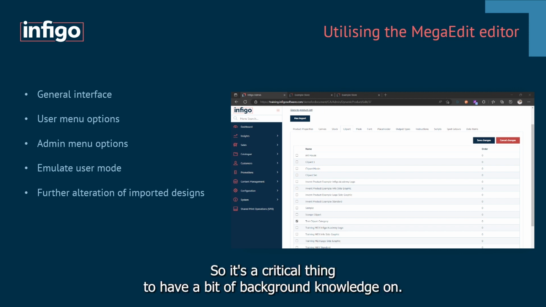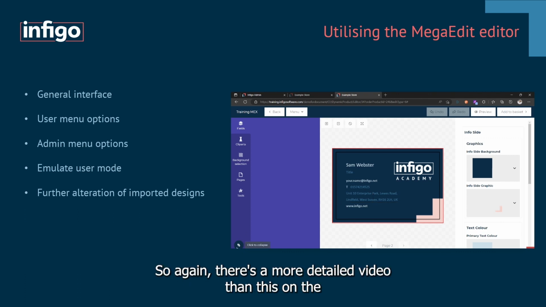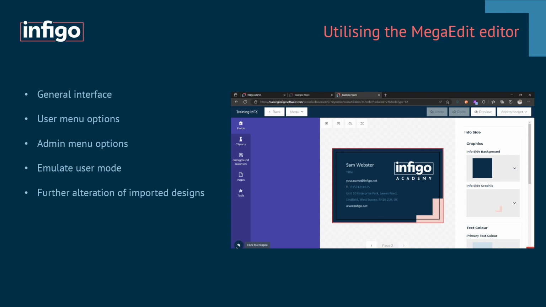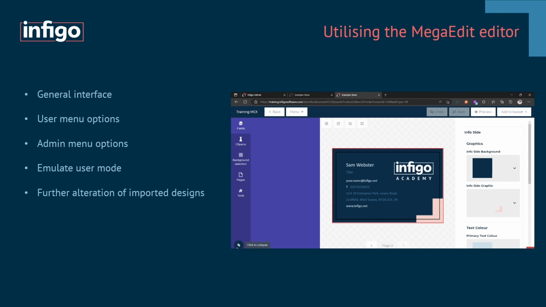So it's a critical thing to have a bit of background knowledge on. So again, there's a more detailed video than this on the MegaEdit series, if you're interested in viewing that. This is just going to be a summary overview to give you the fundamentals of that functionality.